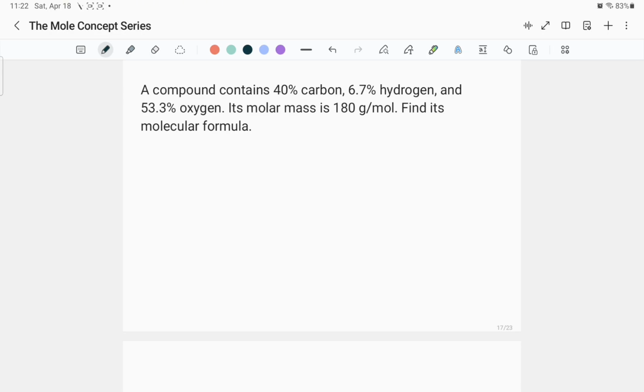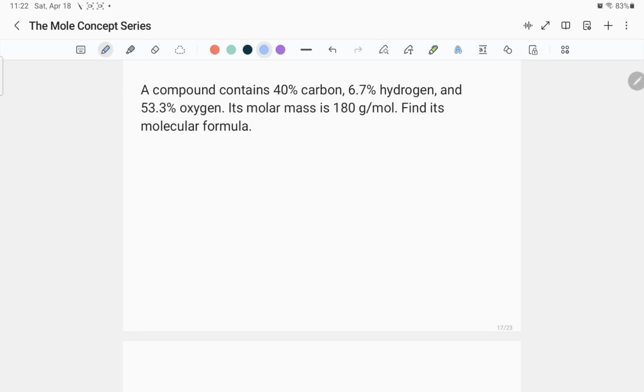The empirical formula is a compound in its simplest mole ratio, and the molecular formula is the formula of a compound with its exact number of atoms present in that compound. So let's use the pizza example.